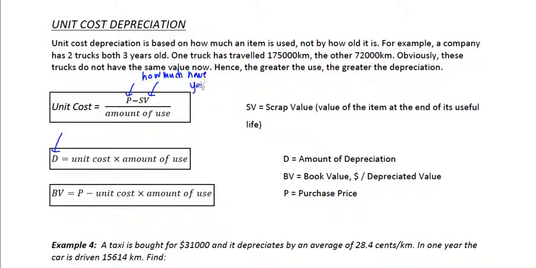How much have you spent on the item? That's probably a better way to describe it. So how much have you spent on the item divided by how much it's used, and that's the cost that you're paying, I should say, for each time that you use that item.